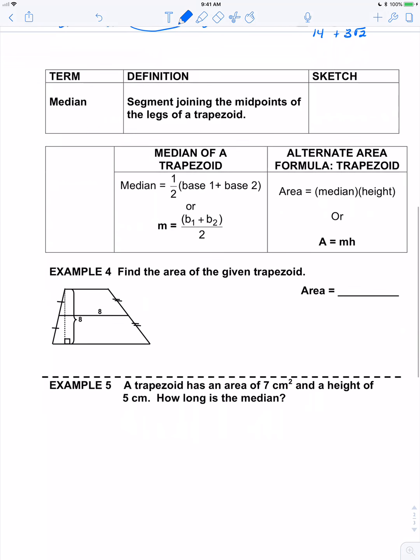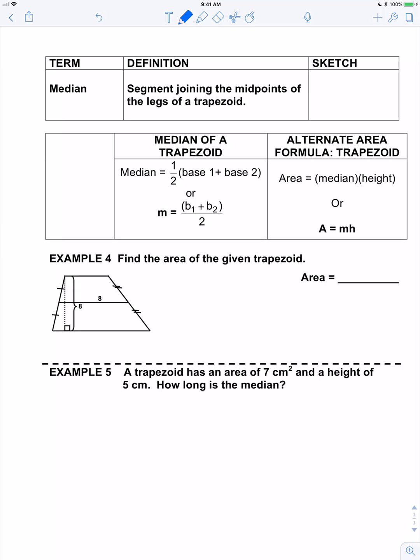All right, well, here's something else that's sort of fun about trapezoids, is that we have the median. And remember, when we talk about the median, we're talking about the middle. So notice we've got these hash marks here that tell us those are the same lengths.